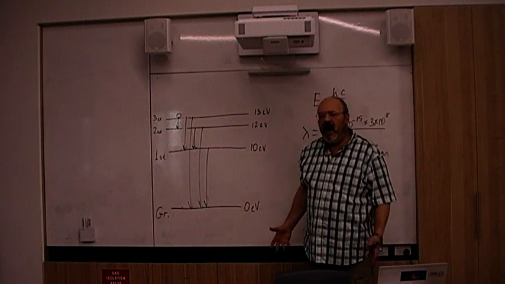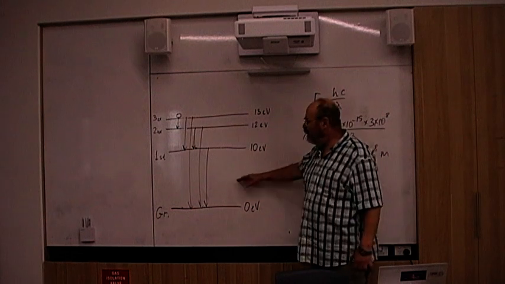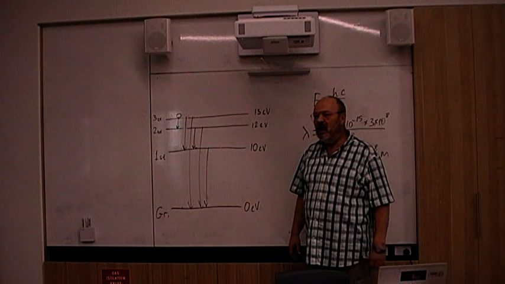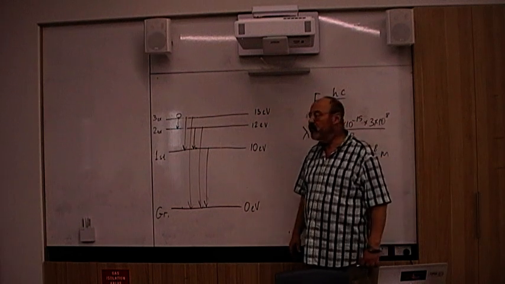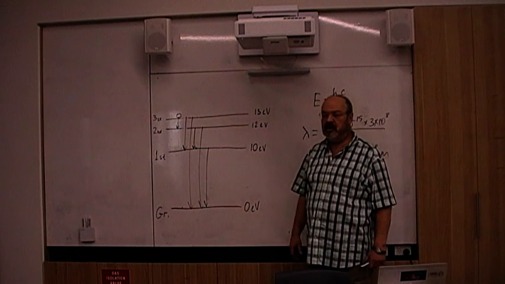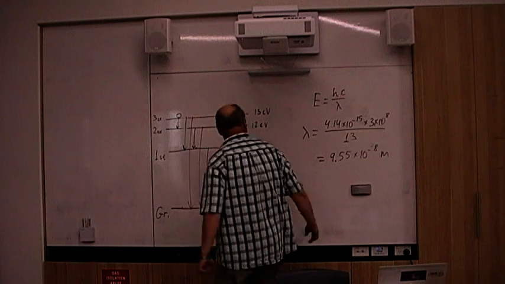Now, why can there be only certain energy levels, not anything in between? It is because of the wave properties of the electron.